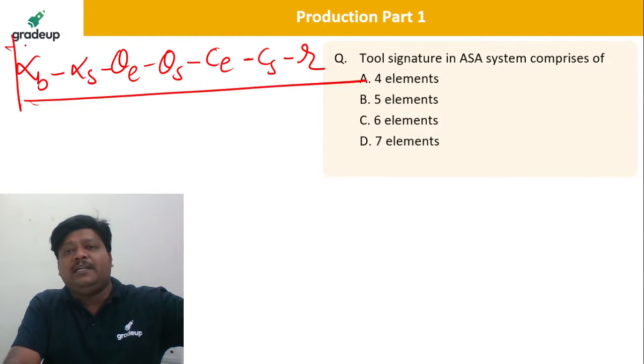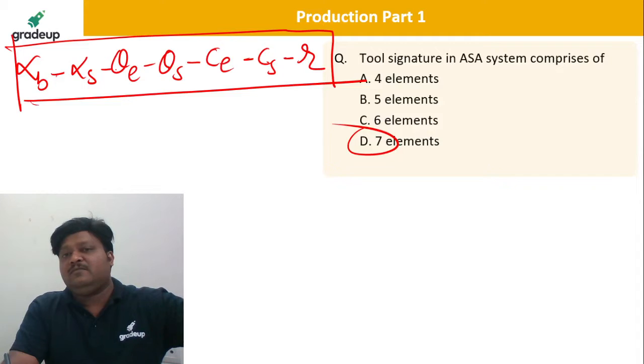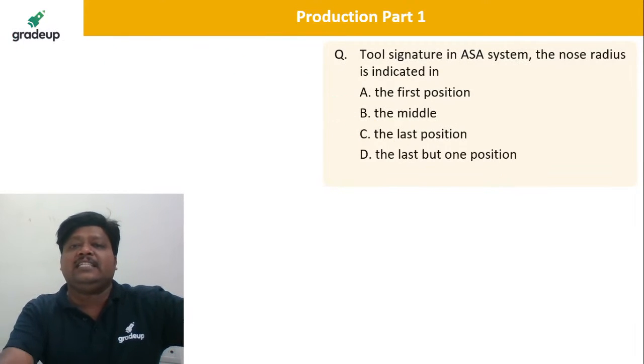How many? 1, 2, 3, 4, 5, 6, 7. So 7 elements. Yes, very good. So D is the correct answer. Take the next.